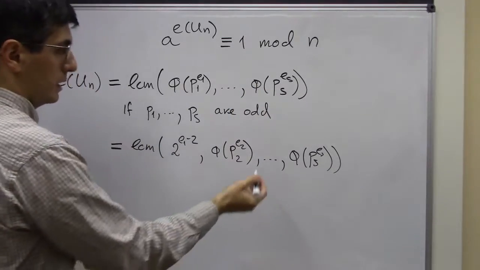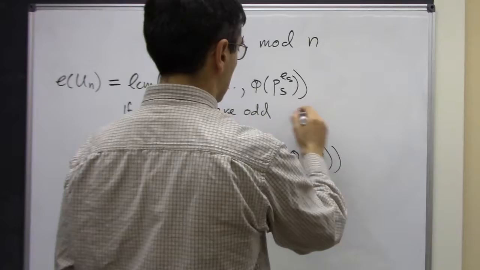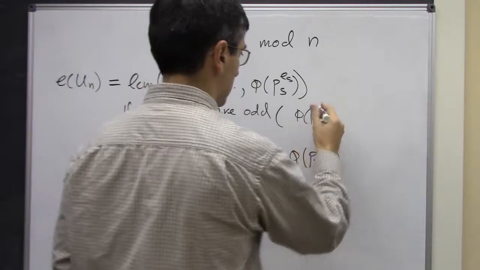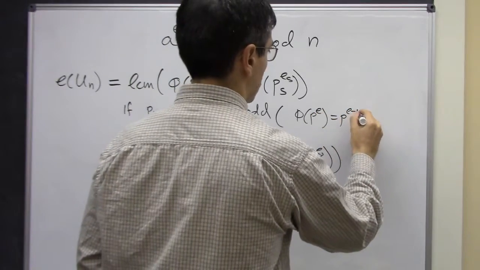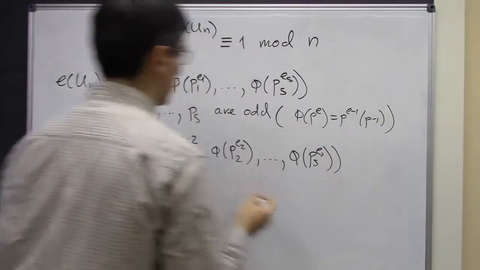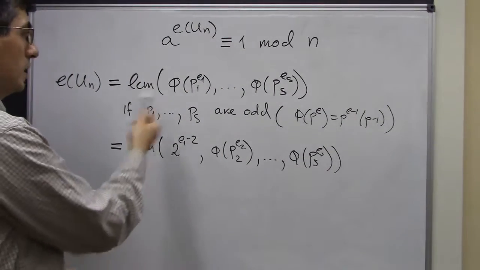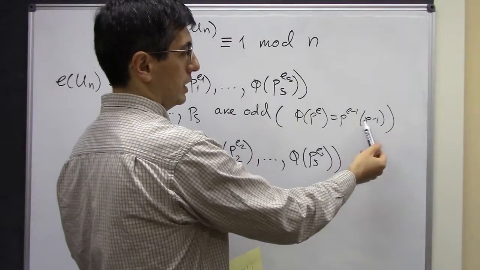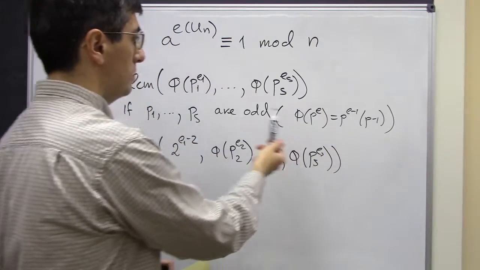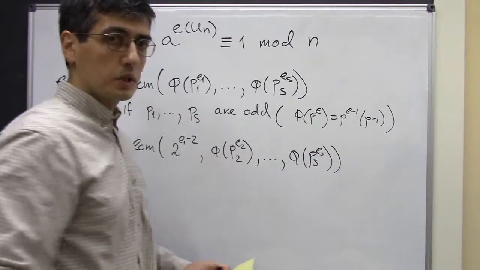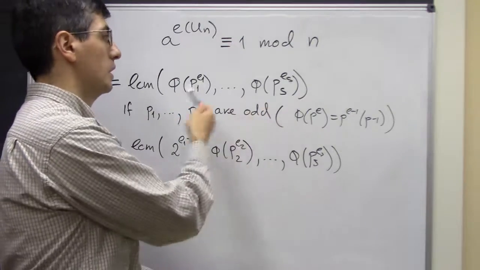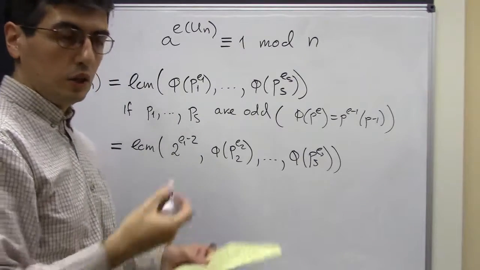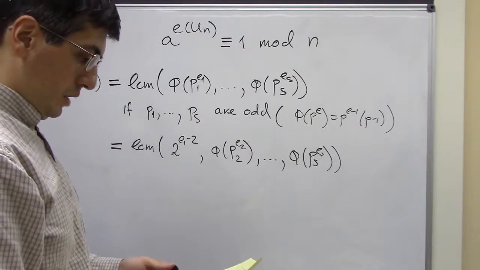And of course phi(P^E) is P^(E-1)(P-1). You immediately see that this number is usually smaller than the order of the group because, for example, all the P minus 1, if P is odd, are even numbers. So 2 appears redundantly in all these numbers, and so this number will be usually smaller than the Euler number.